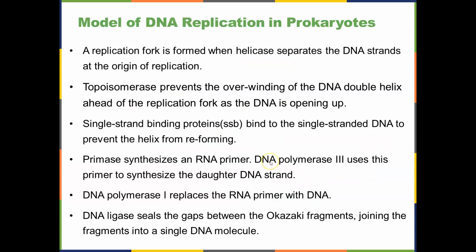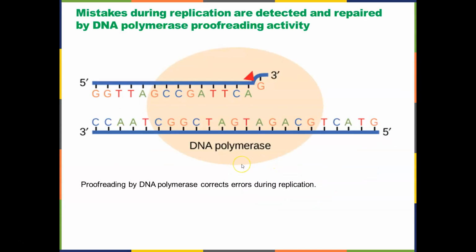All right, so we've talked about replication. Let's talk about a couple of little details that come in here. Mistakes occur in replication because it's a really rapid, fast process. It's going extraordinarily quickly in real time, and the imperative of the cell is to get this duplication done very quickly because while the DNA is all pulled apart and being duplicated, none of the genes can be read, no proteins can be synthesized.